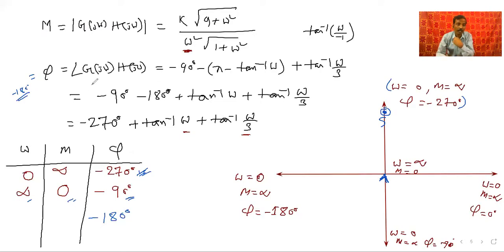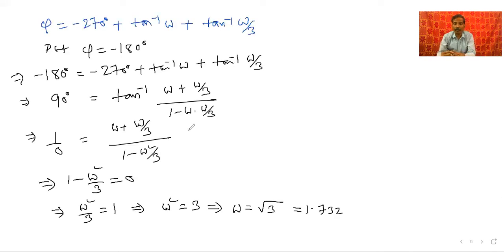This is the value root 3 or 1.732, and then calculate the magnitude M. Just put here root 3 at omega equals root 3. What is the value of magnitude M?